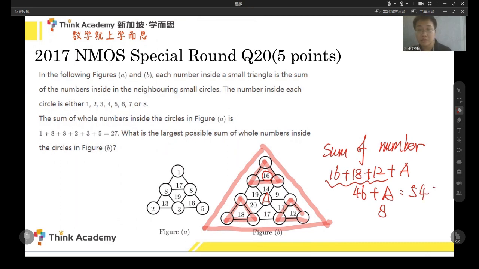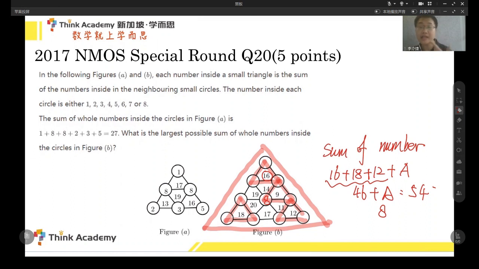So write an 8 here to make it 54, right? This is correct, but not for this question. If you have the answer of 54, I think that you know how to solve this problem, but you are not careful enough. Here, A cannot be 8. Why is that? Because if we want to put A inside, we notice there is a 9 here, right? So this triangle should have a sum of 9 for 3 numbers.